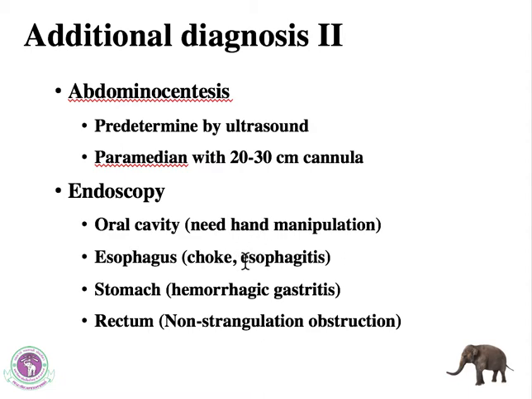The elephant with esophagitis usually shows signs of difficulty swallowing or doesn't want to swallow. For the stomach, it helps you identify hemorrhagic gastritis. For the rectum, it usually helps determine the distance to where the non-strangulating obstruction is located, but it doesn't have any diagnostic value, because you have already diagnosed that the elephant has an obstruction of the intestine.